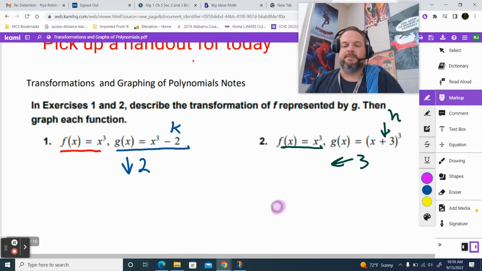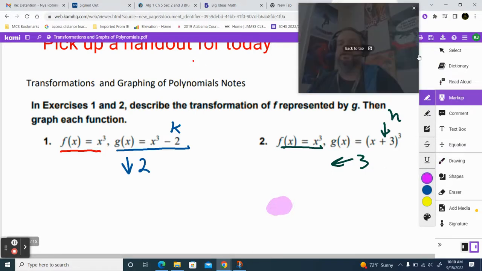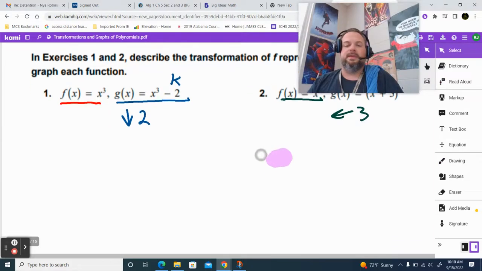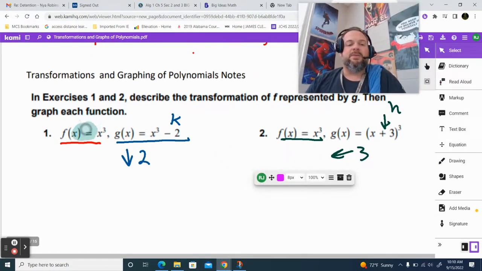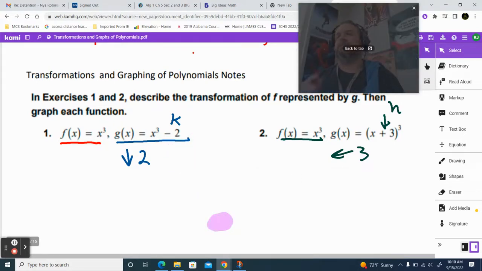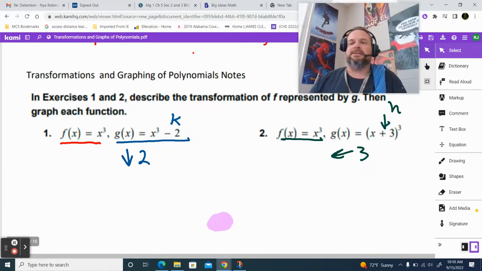If it was out in front, that would normally be where our A was, right? If it's in the parentheses, that would normally be where our H would be, right? And if it's at the back, that's normally where our K would be. So we've got to use our context clues about things that we have done before.